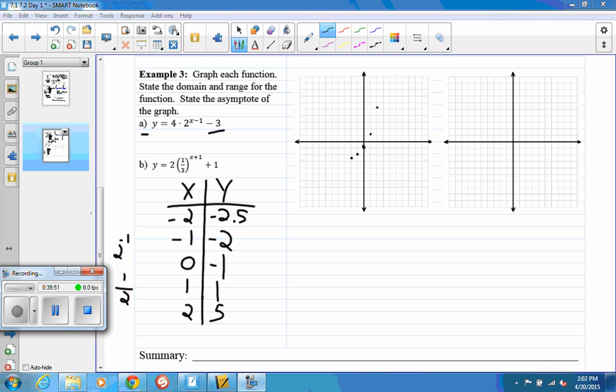So you are more than welcome to plug in additional points, or if you recognize at this point that my asymptote is y equals -3, this is where you will draw a dotted line, even if it's without blue ink.